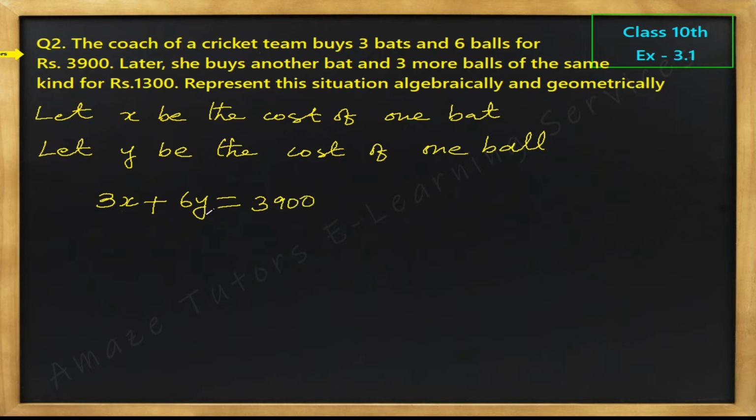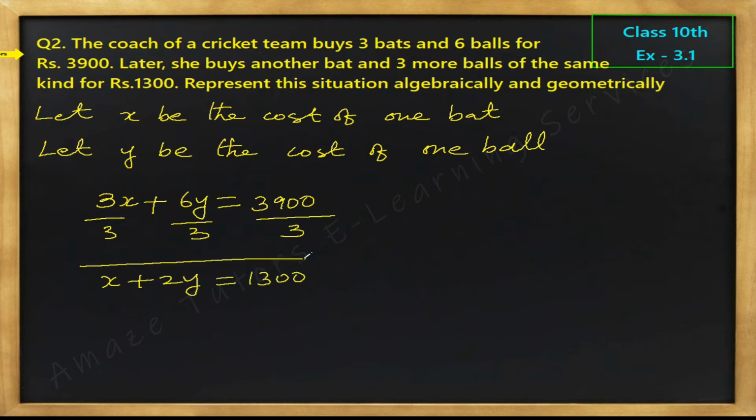Now it is possible to simplify this equation, all of them divisible by 3, each and every term. So divide that by 3, we will get the simplest equation. x plus 2y is equal to 1300. Let this be equation 1.